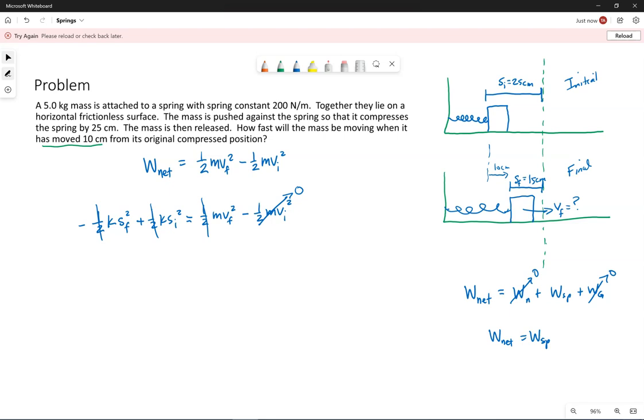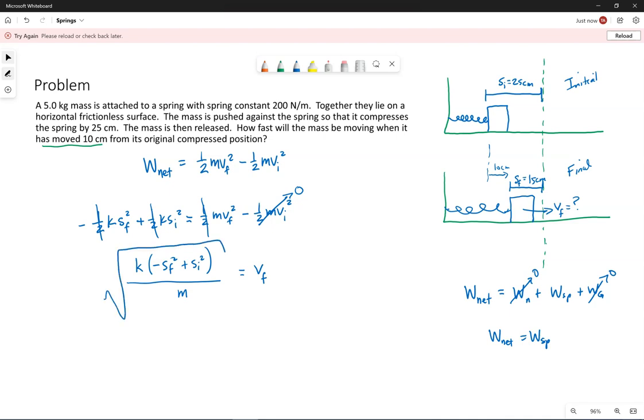So on the left, if I want to factor out a K, I would have minus S final squared plus S initial squared. I will need to divide by mass. This will equal V final squared.